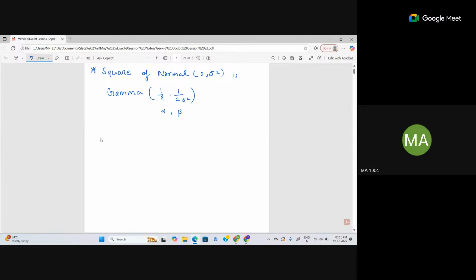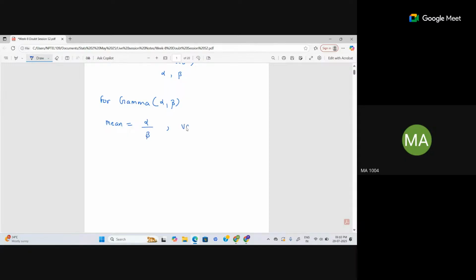So for the gamma alpha comma beta distribution, the mean is equal to alpha upon beta, and the variance is equal to alpha by beta square. This is the general formula for the gamma distribution.